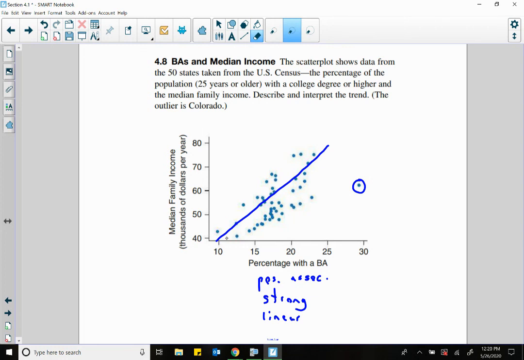As the state's percentage with a bachelor's increases, the median income increases. Colorado was an exception to that rule. So there's a positive association, meaning that as the percentage increases, the median family income increases. It's strong, there's not a lot of scatter, and it's definitely got that linear nature to it.